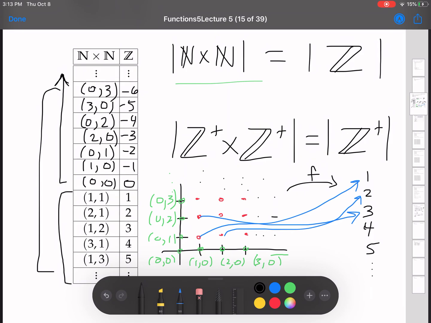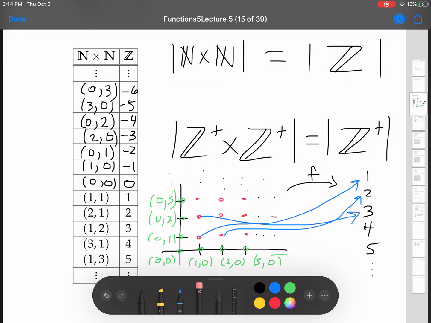There are no gaps, because everything's associated with some integer there, and all of these are different. So it's one to one. It's onto. And so therefore it's a bijection. So therefore we see that in fact this is true.